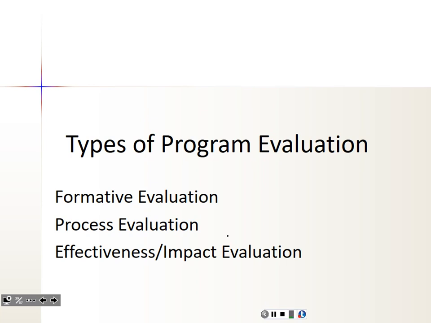We can think of program evaluation in terms of three broad types: formative evaluation, process evaluation, and effectiveness or impact evaluation, which is sometimes also referred to as summative evaluation. So effectiveness evaluation, impact evaluation, summative evaluation, those terms are used interchangeably. Okay? And those are different from formative evaluation and process evaluation.